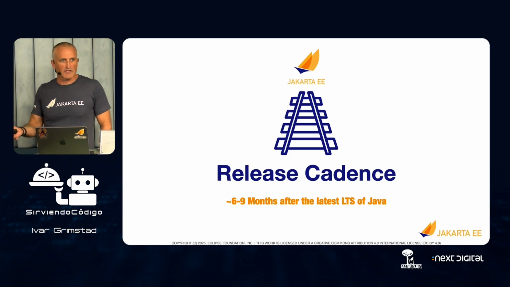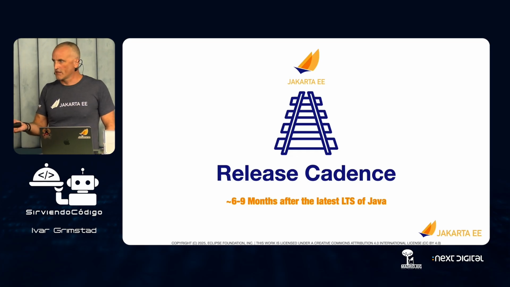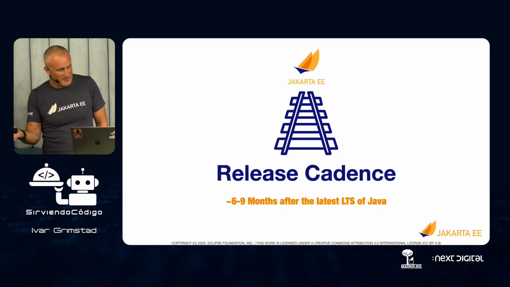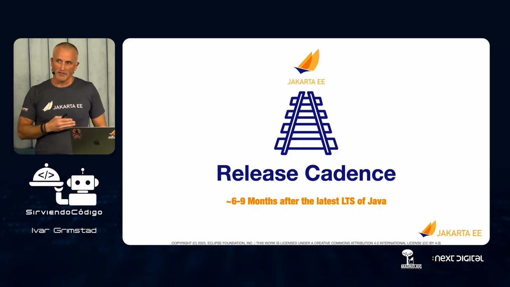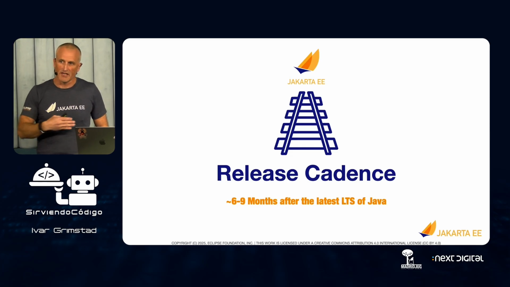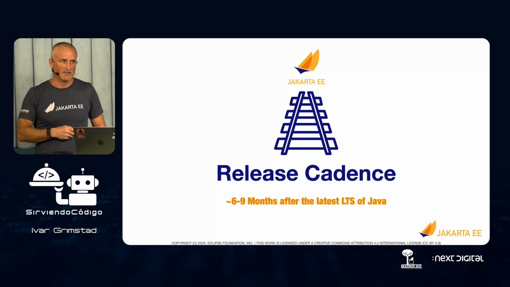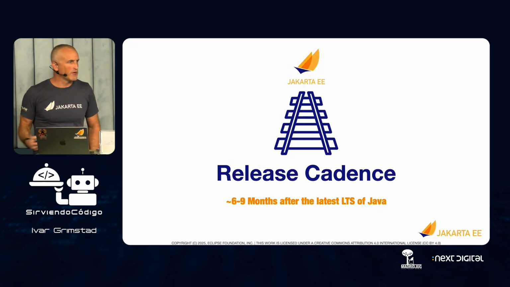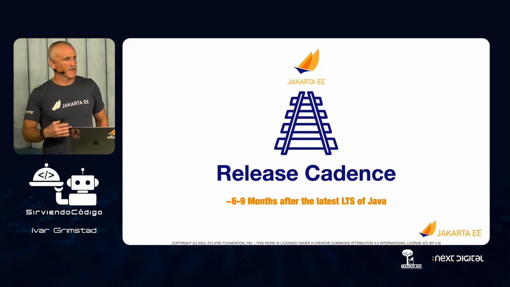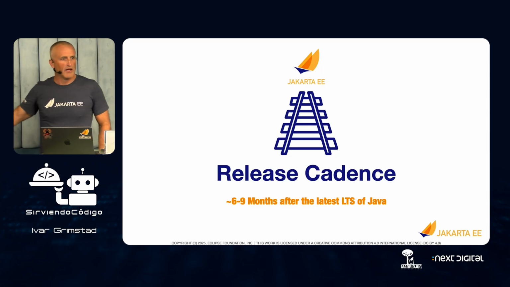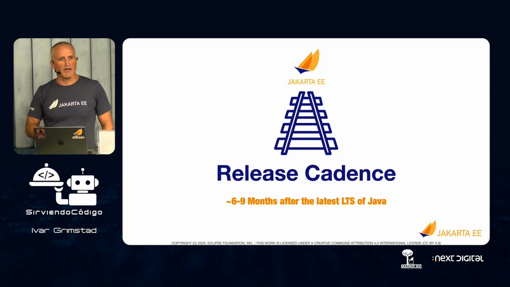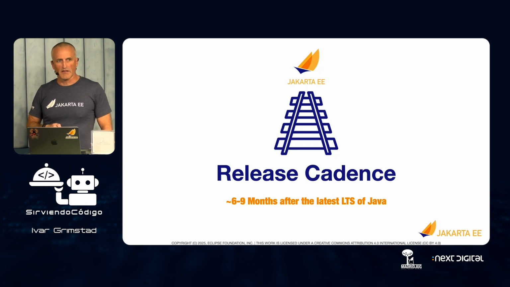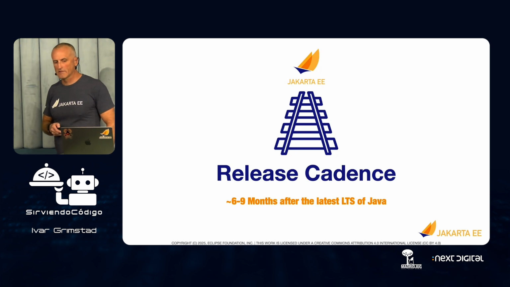And then we wanted to release Jakarta 11 in June, 6 to 9 months after the LTS of Java, and that is how we want to continue. So when Java 25 comes out in September, we want to release Jakarta 12 in 2026.